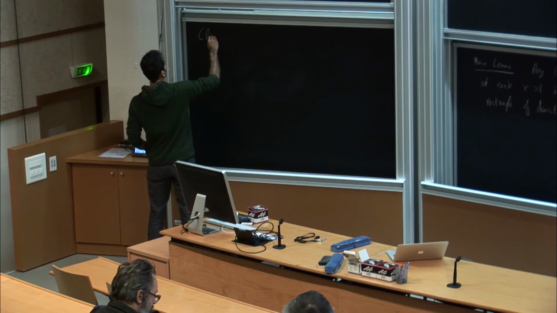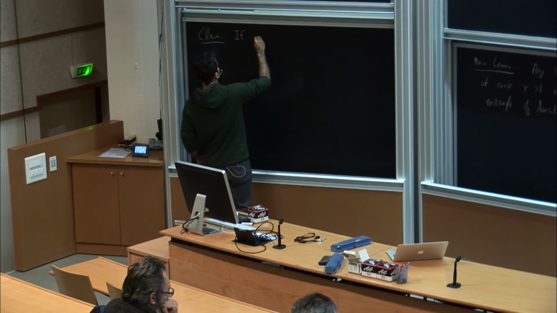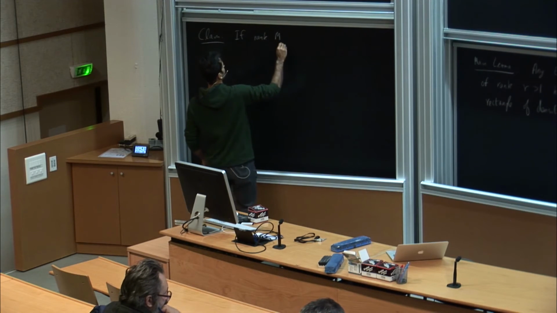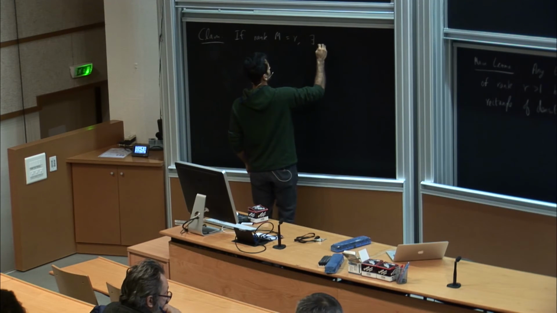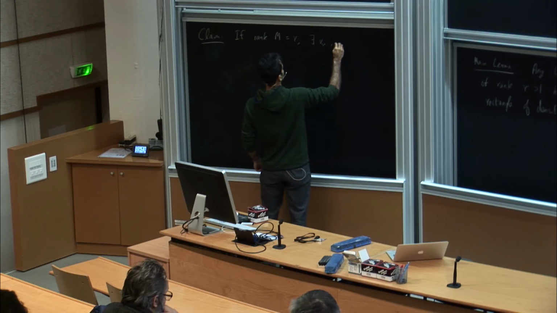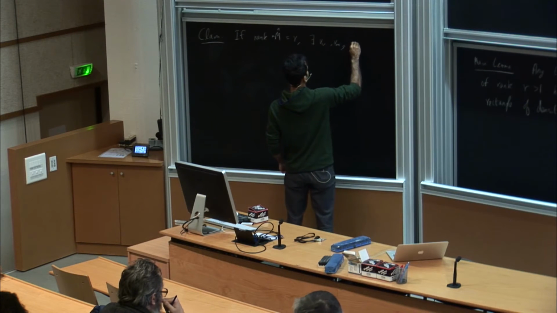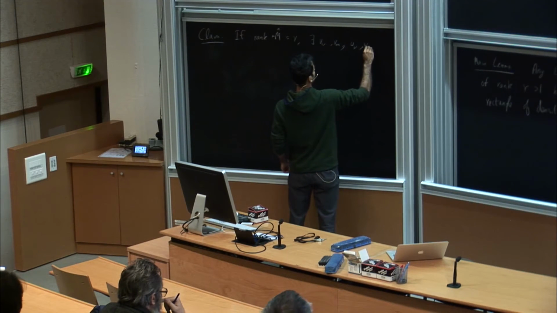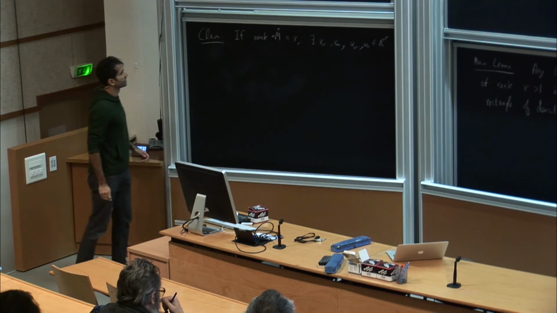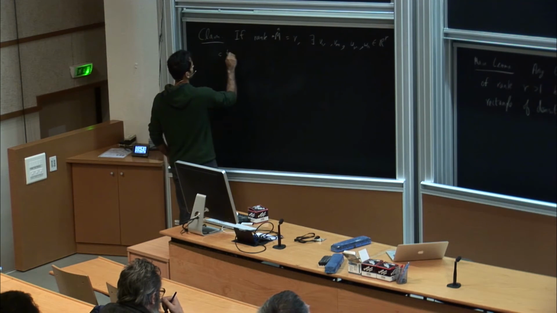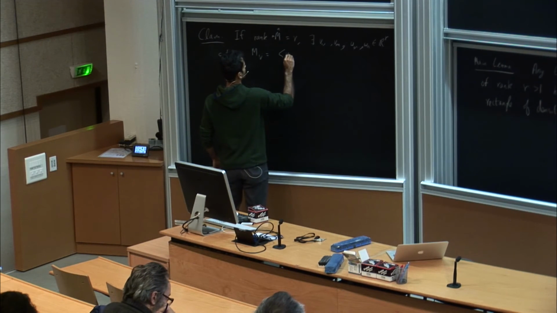So the claim is, if the rank of M is equal to R, then there exist vectors V1 through Vm, W1 through Wn, so say this is M by N, that are R-dimensional.